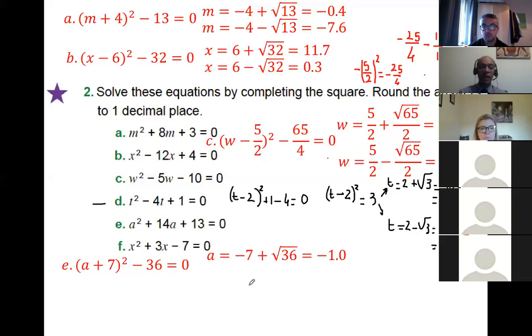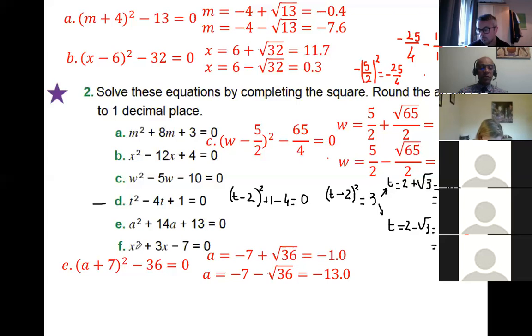And then the other one is negative 7 minus 6, which is just minus 13. And just being extra zealous, again, you just put to 1 decimal place, negative 13.0. But I don't think you will get marks taken away if you forget to put the .0.